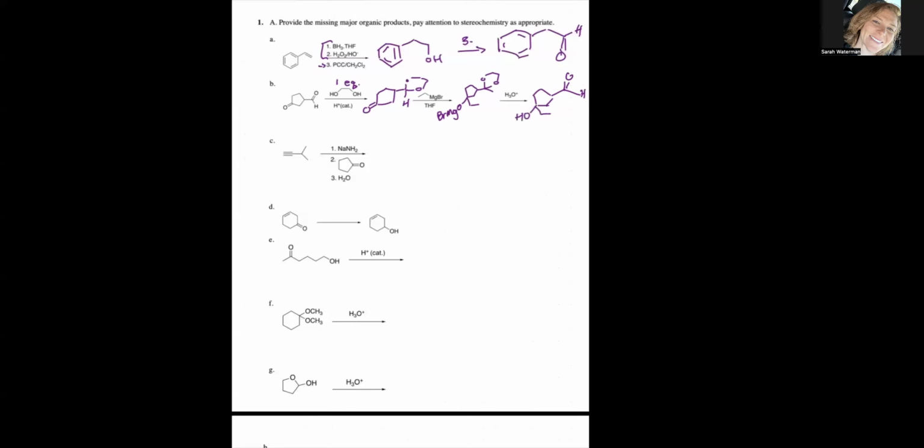Okay. And this next one here, NaNH2, this is a strong base, right? And really we're just making another carbon-carbon bond, right? So with this one here, we are turning this into 2, 3.